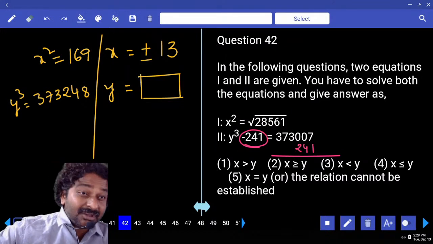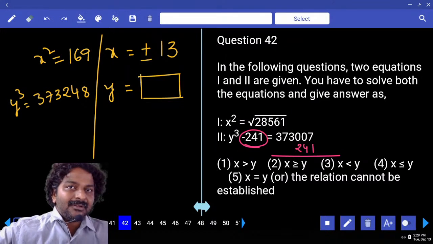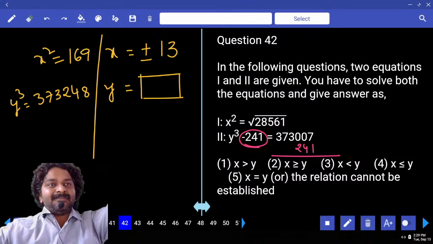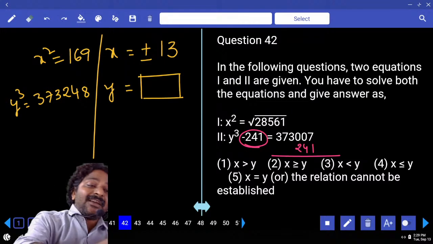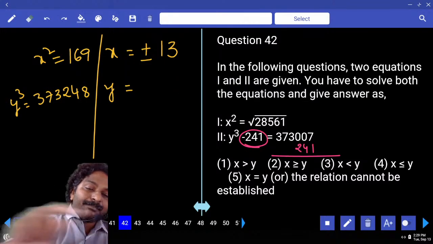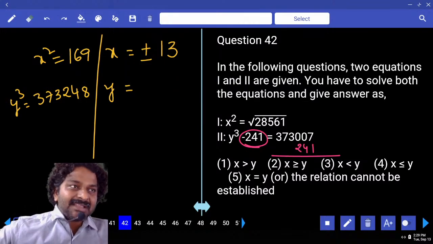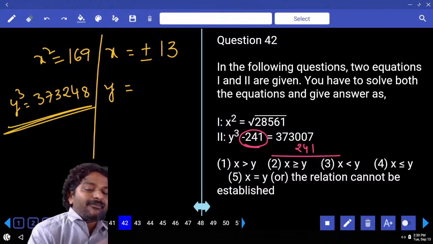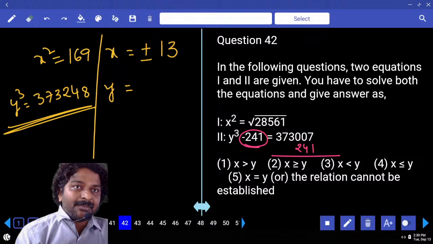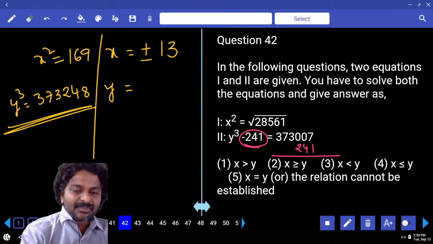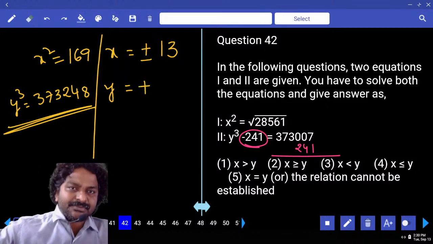You need to make sure your y value is more than x or less than x. Correct? What is x value? Plus 13 or minus 13. Y cube value we have, which is a positive number. So what is the value of y going to be? Positive or negative? 100% sure it is positive.